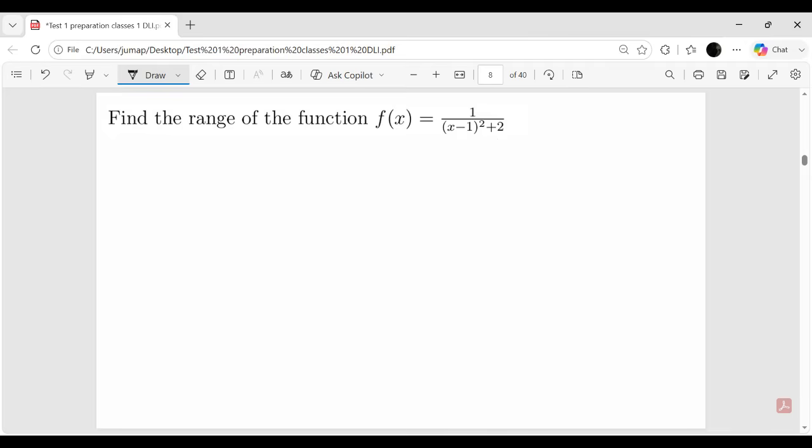Whenever I have a function and they're telling me to find the range, I always apply this rule: the domain of a function is equal to the range of the inverse function.